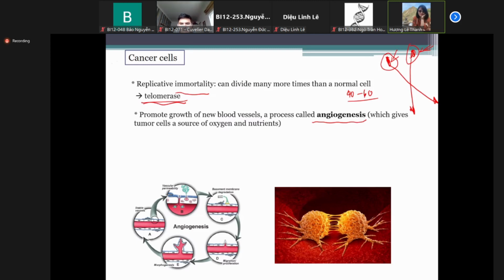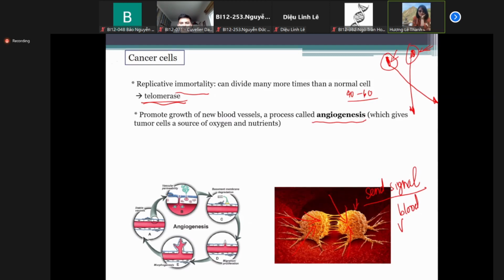The tumor can send a signal to the surrounding blood vessels saying I'm hungry, please feed me. The blood vessels can then grow into the center of the tumor and provide nutrition and oxygen.